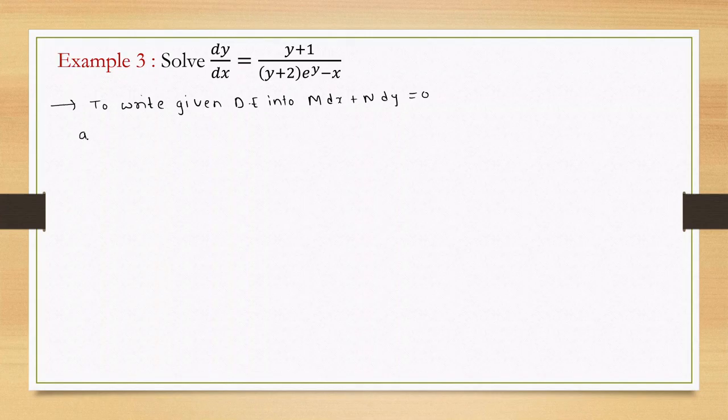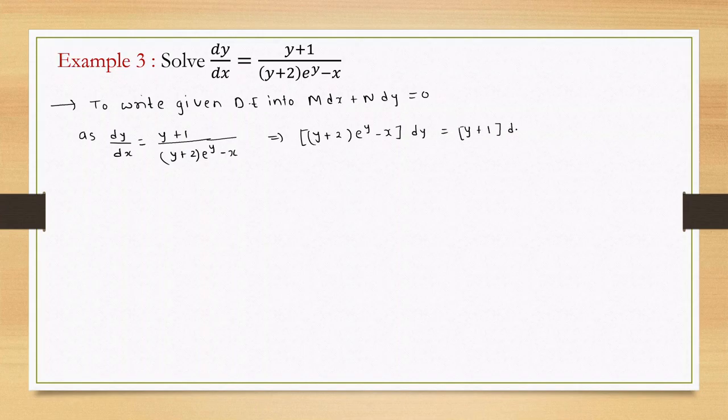Okay. Now, as dy by dx is equal to (y plus 1) upon (y plus 2) e raised to y minus x, we can write it as (y plus 2) e raised to y minus x dy is equal to (y plus 1) dx, right?